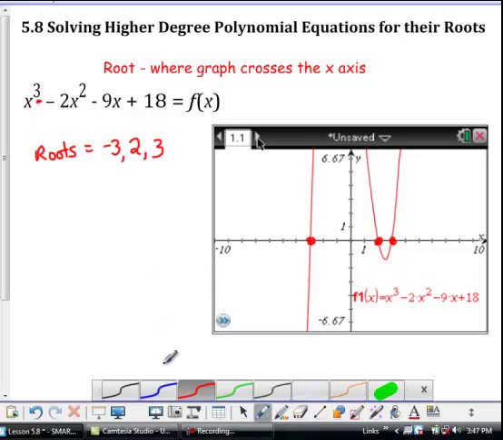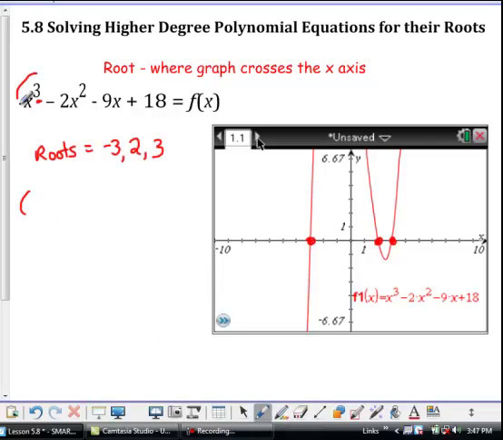Now this was an easy one because we could graph it and we could get the answers right away. Another way was to have factored this. And you may be looking at me saying, well, we don't know how to factor something to the third power. You're absolutely right, you don't. But let's do this. X cubed. Well, the only way I'm going to get x cubed is an x squared times an x.